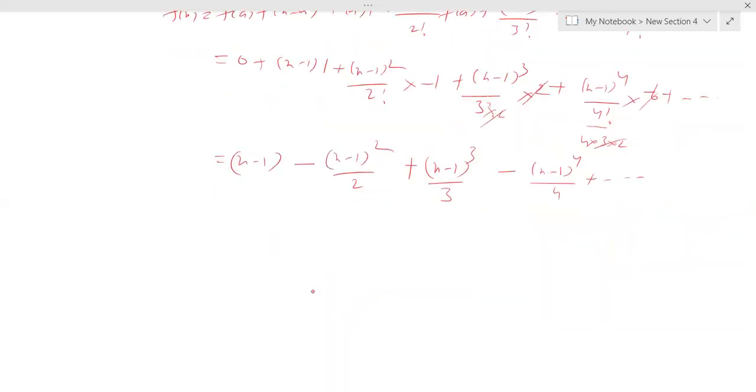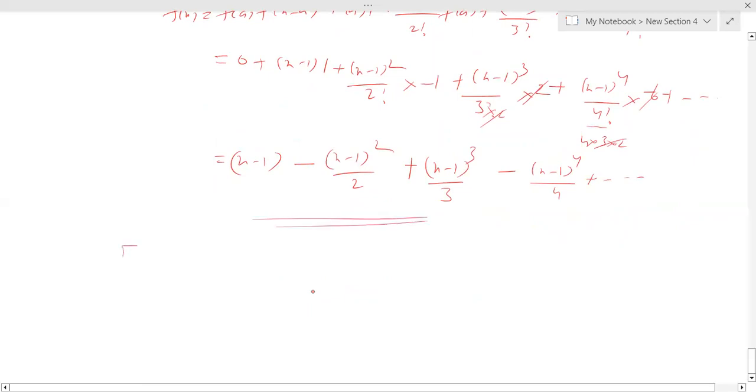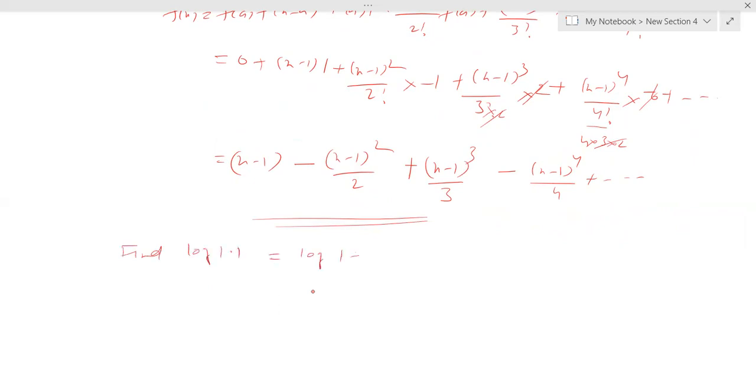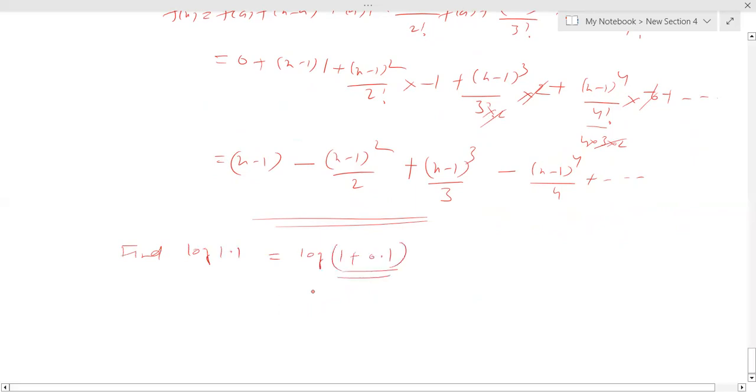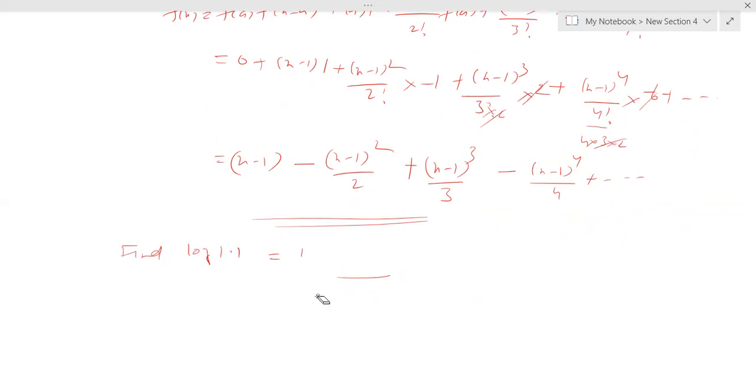Hence, deduce that our derivative is over. After finding this, find log of 1.1. 1.1 means log of 1 plus 0.1, or otherwise you can simply put x equal to 1.1. It is better.